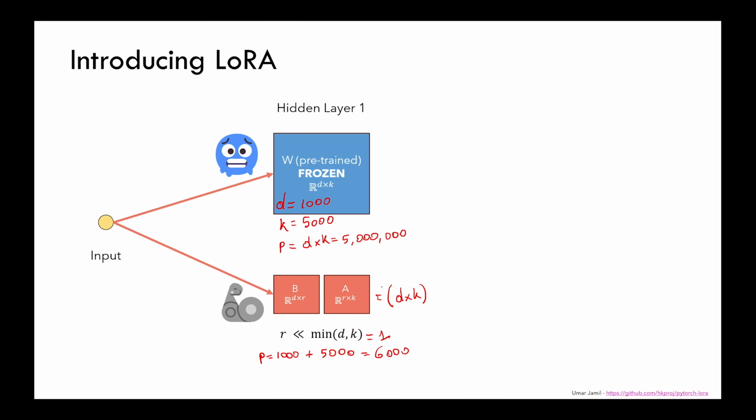Of course, you may think that this matrix will not capture the same information as the original matrix W because it's much smaller, right? Even if they produce the same dimension, it's a smaller representation of something, so you lose some information. But this is the whole idea behind LoRA.